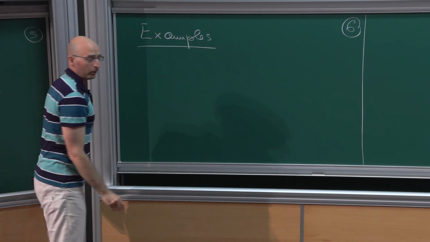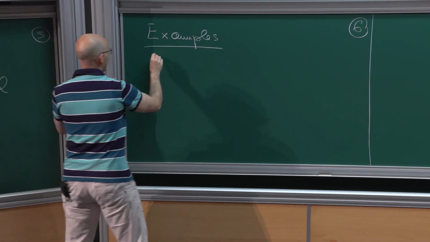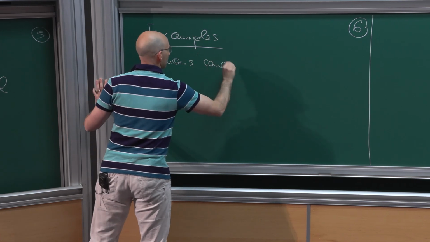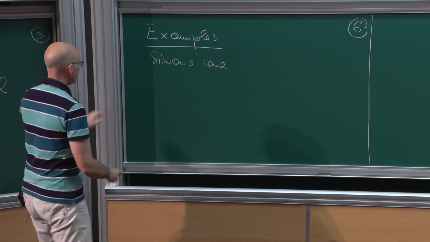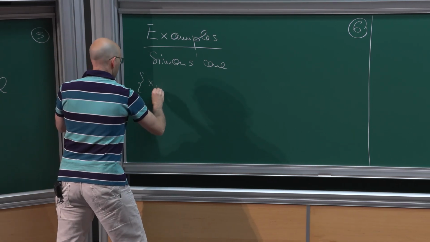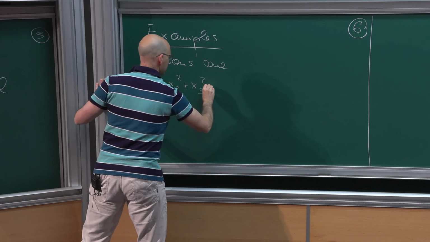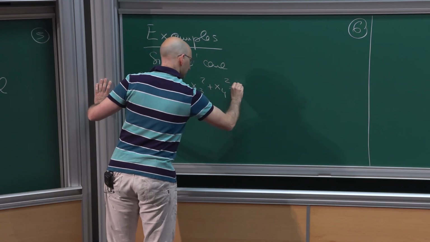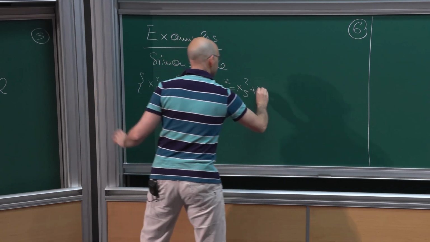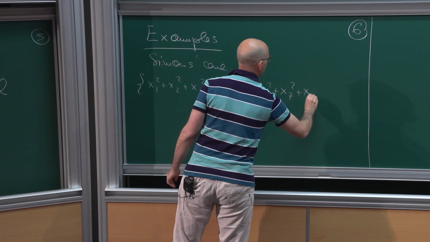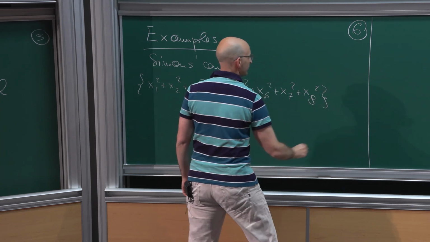So one example is in codimension 1, and it's called the Simons cone. This is the cone x1 squared plus x2 squared plus x3 squared plus x4 squared equals x5 squared plus x6 squared plus x7 squared plus x8 squared inside R8.